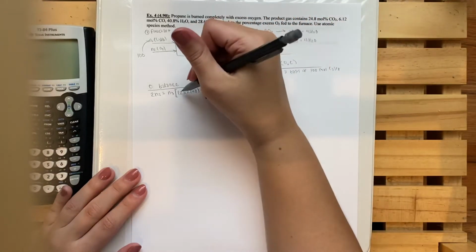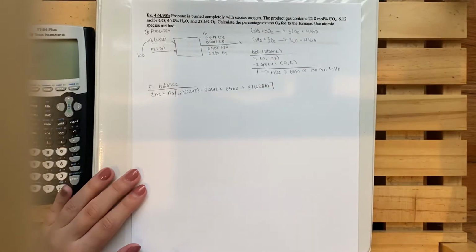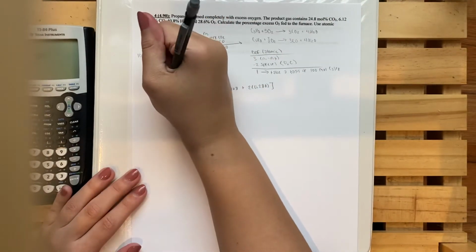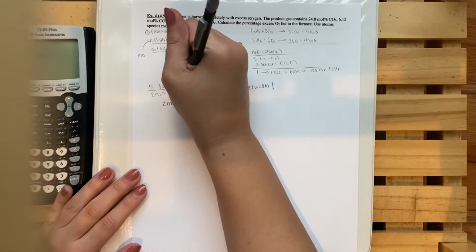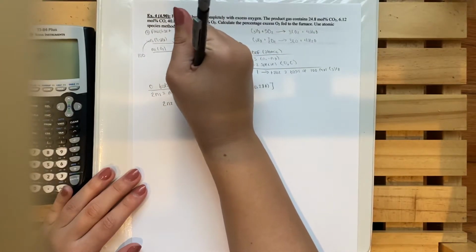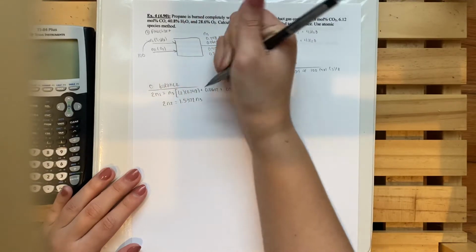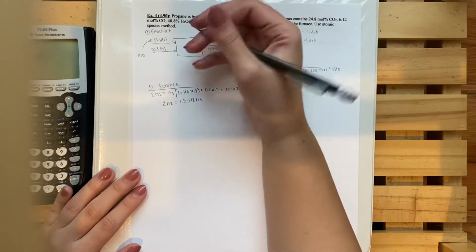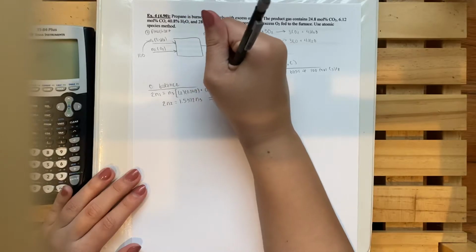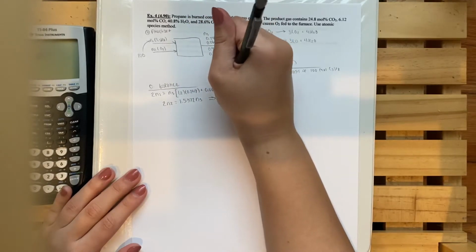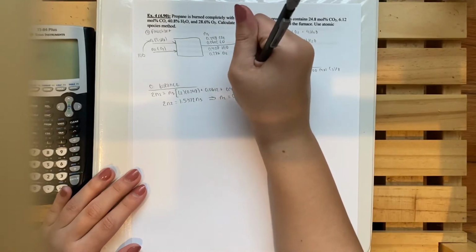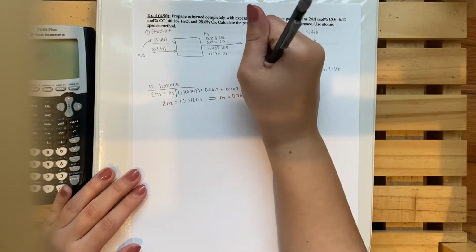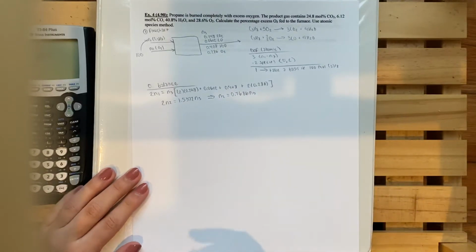And when we multiply all this out, we get that 2 N2 is equal to 1.5372 N3. So divide both sides by 2, we get that N2 is equal to 0.7686 N3.